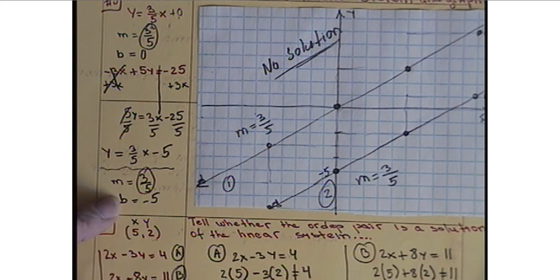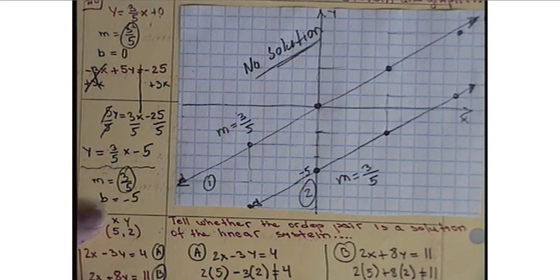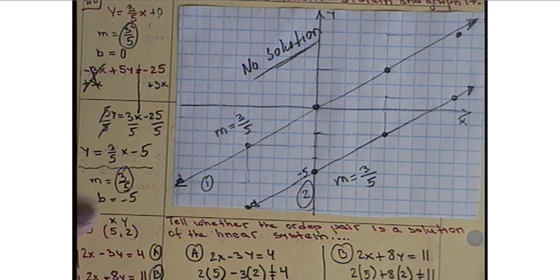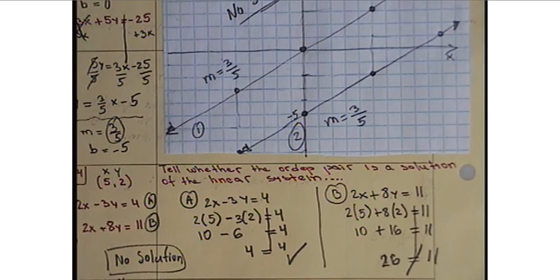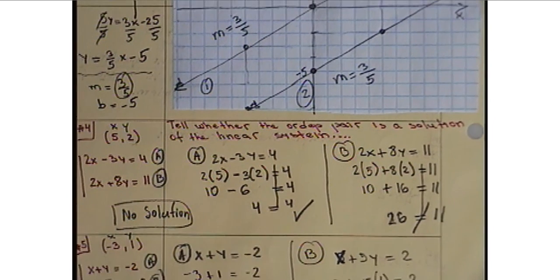Write down what the slope and y-intercept are equal to, and then graph it. So in this case, we had two lines that are parallel to each other. They do not intersect, so the answer is no solution. So all of those 3-4 examples that we did at the beginning were solved by graphing.